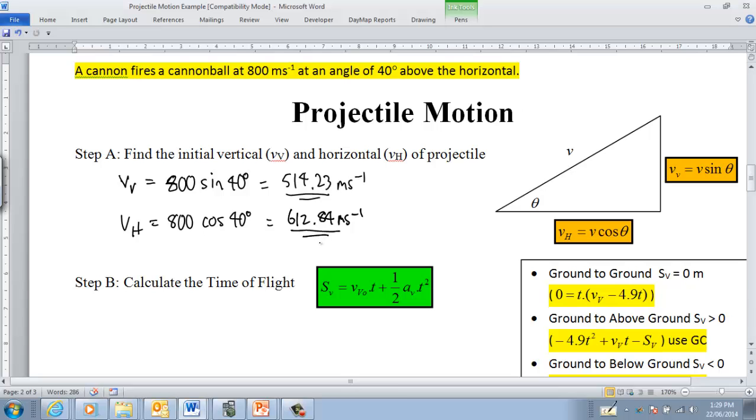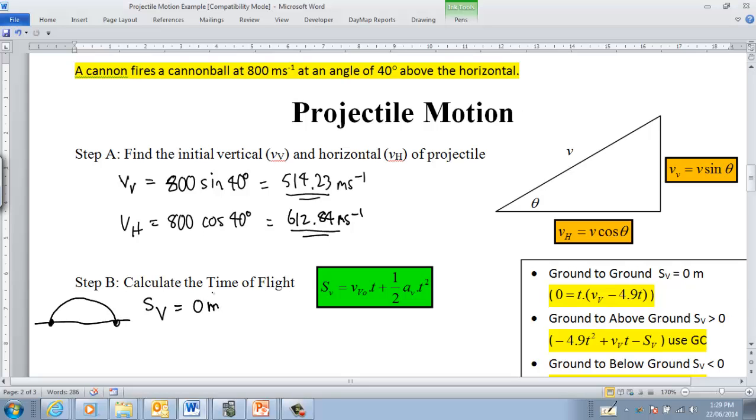The next thing that we have to do is work out the actual time of flight. Right? So now, if we're looking at our projectile, the cannon's fired above the ground, so we're assuming here it's going to go in a path where it lands at the same height. Okay, so in this particular case, we're assuming our S vertical, the difference between where it starts and where it finishes, is actually going to be 0 metres.